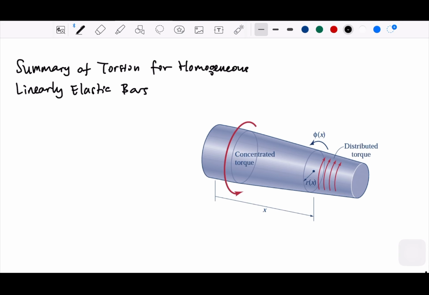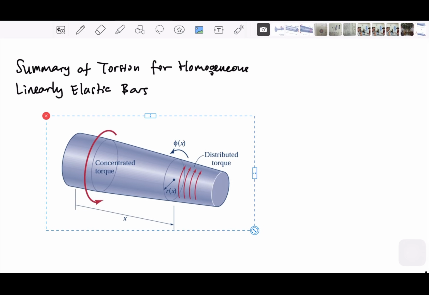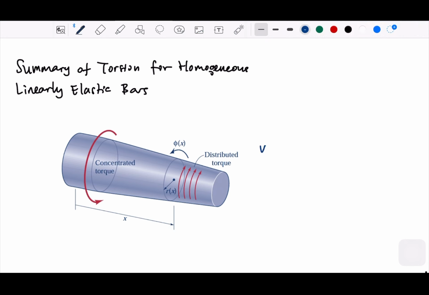If we see this picture, we have the concentrated torque, and then we have the distributed torque. We also have varying radius with distributed torque and concentrated torque.